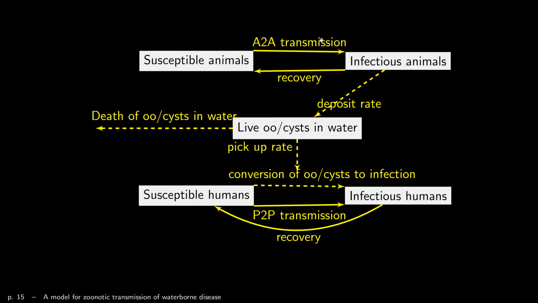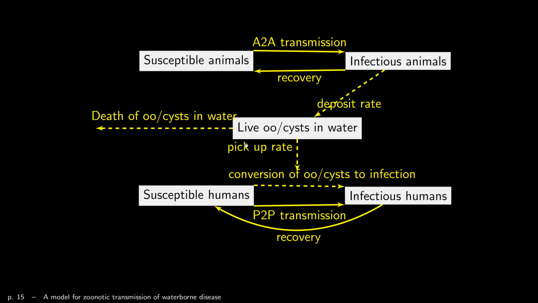So the susceptible and infectious animals, there's animal-to-animal transmission, recovery. So these are SIS models. Likewise for humans, there's susceptible humans, infectious humans, there's transmission and recovery. But additionally to that, there is a deposit rate from the infectious animals into the water, so of either oocysts or cysts.